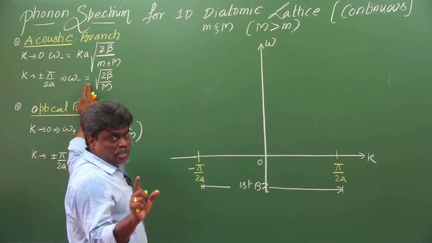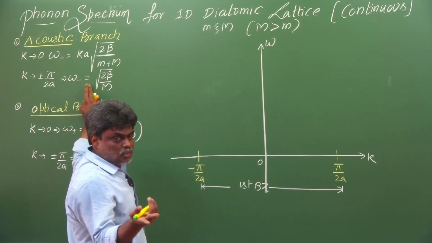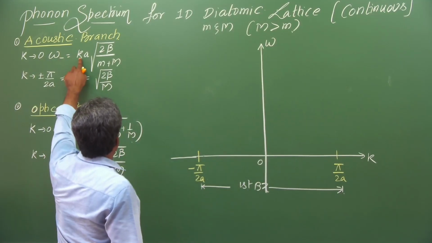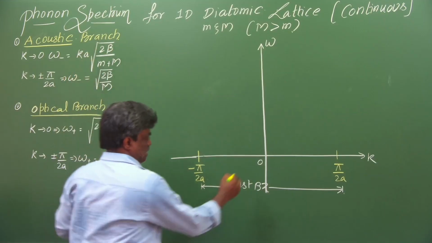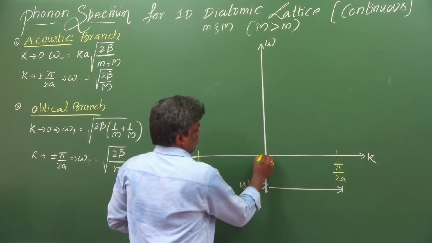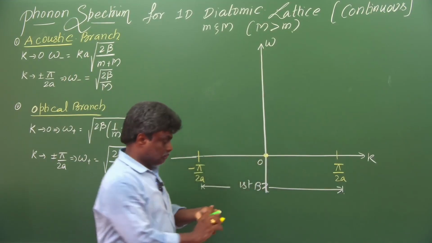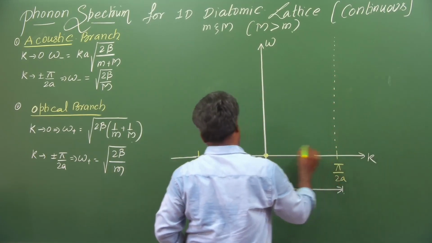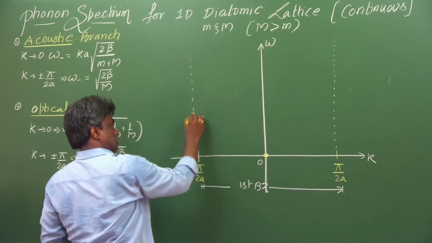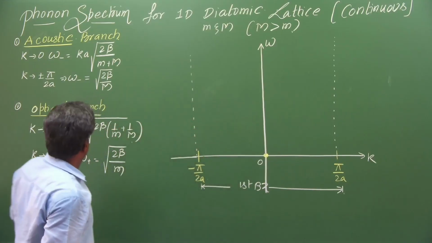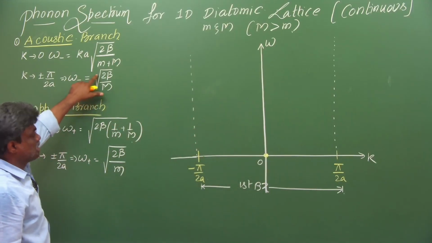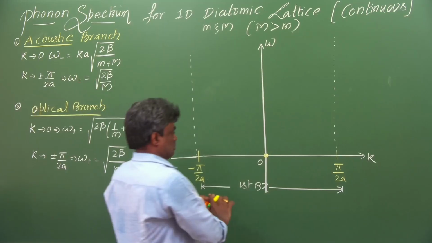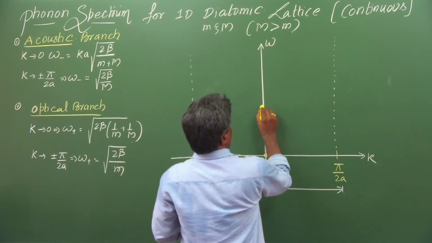Just you have to take the points, one is at origin, another is at the zone boundary. At origin, put K equal to 0, how much? 0. Now these are zone boundaries. At zone boundary, omega minus is some value.